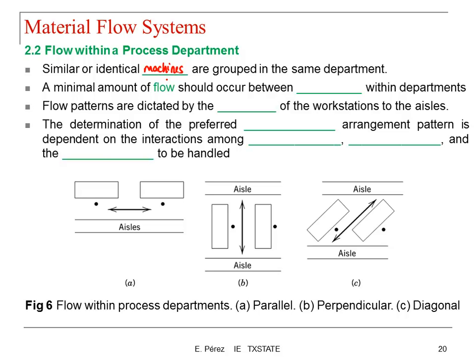And that's the type of thing that we have in the process department. So you're going to have similar or identical machines grouped in the same department. A minimal amount of flow shall occur between workstations.